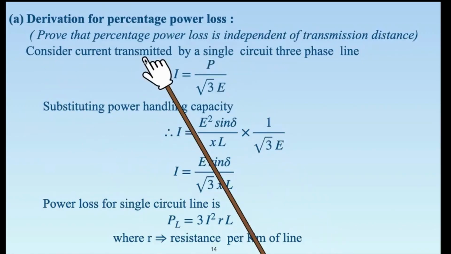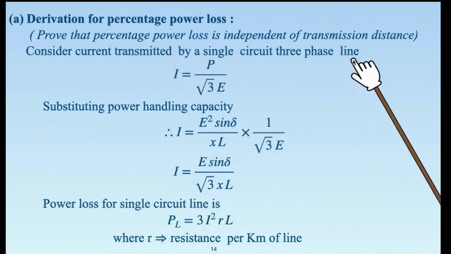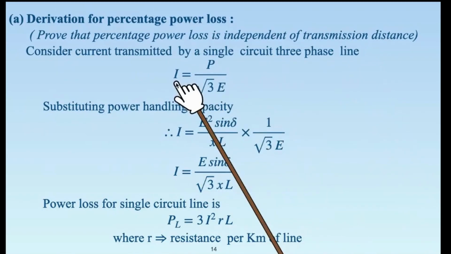So let us first calculate the current that can be transmitted by a single circuit three-phase line. This is nothing new. Check how we calculate transmission line current on a three-phase network. This is basically a line current.